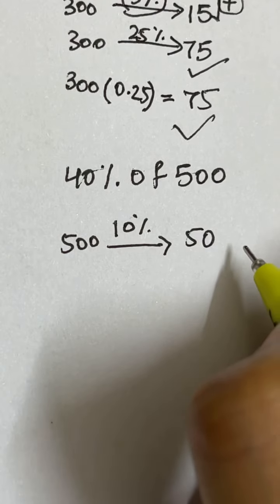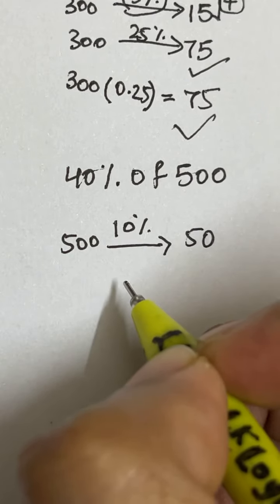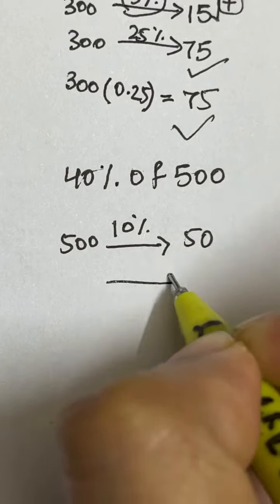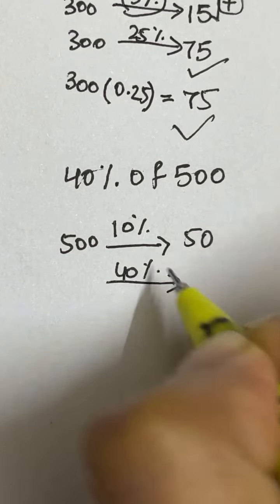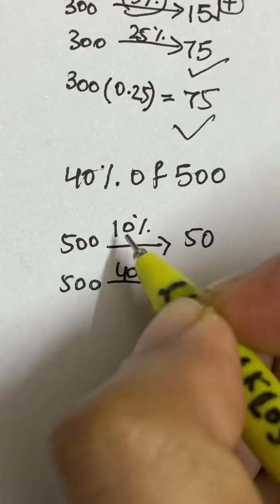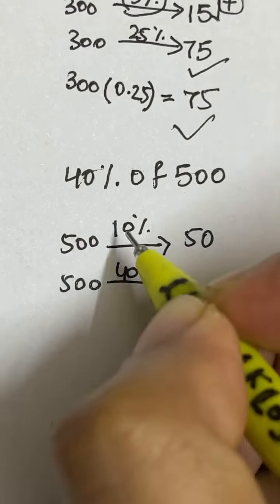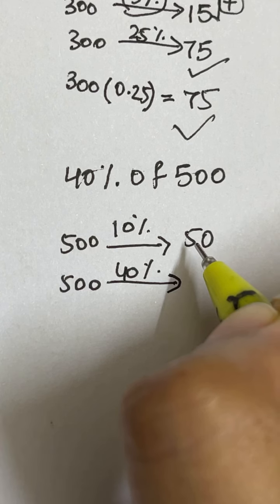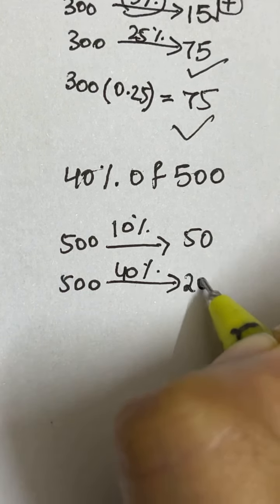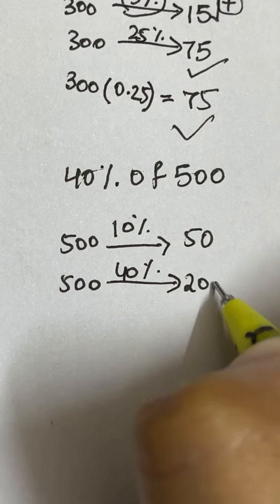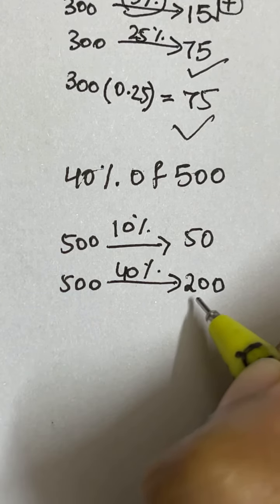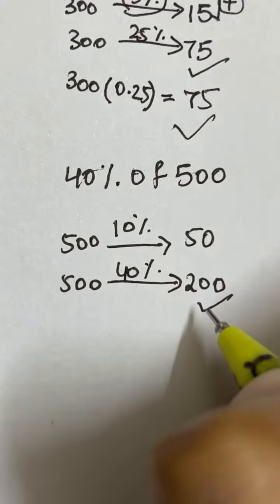So 10% of 500 is 50. And next we are going to find 40%. So 40% of 500 would just be 4 times 10%. 4 times 5 gives us 20. So that means 4 times 50 is 200. So that's your answer. 40% of 500 is 200.